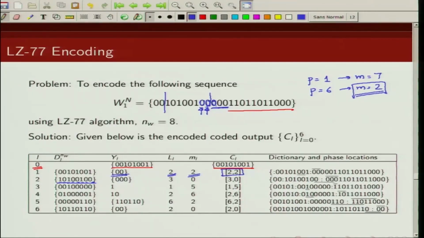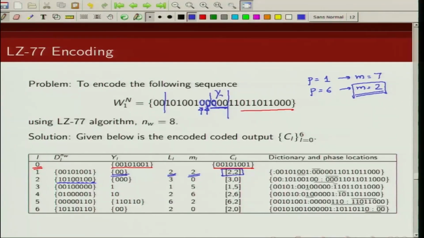So there is a match of 0, 0, 0. What about 0, 0, 0, 1? Look here, this is 0, 0, 0, 0, so that's not a match. What about here at this location? This is 0, 0, 0, 0. So clearly there is no match of 0, 0, 0, 1. So the largest match is 0, 0, 0.